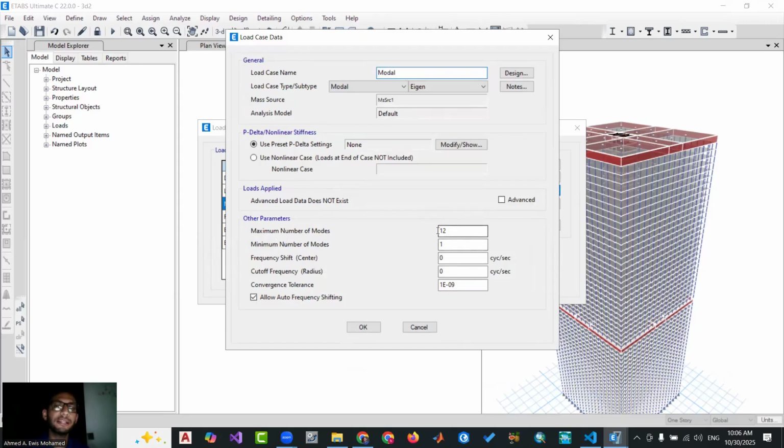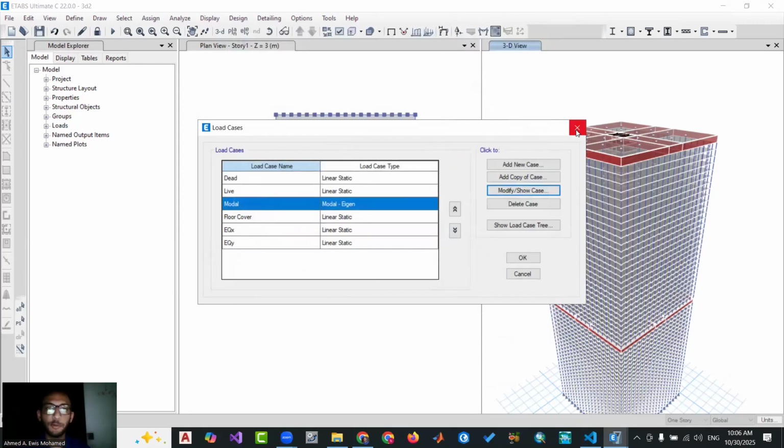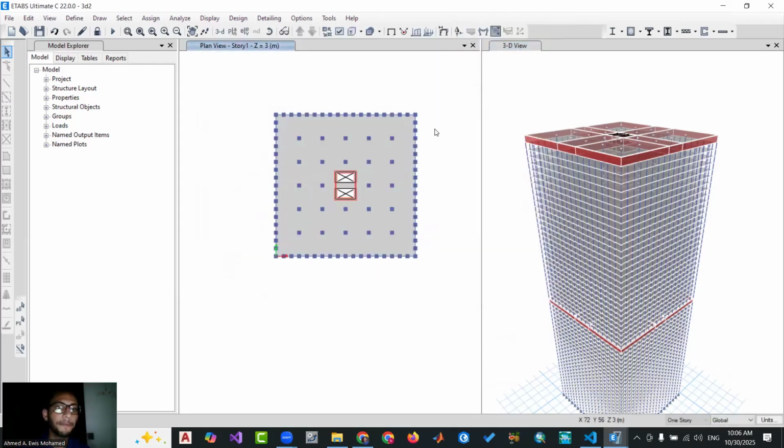You can change it, for example, from 12 to 20 and rerun again. No calculation will happen until you run your model again. But here, I'm satisfied with what I got. So now I checked the stability of the building and also the mass participation ratio.